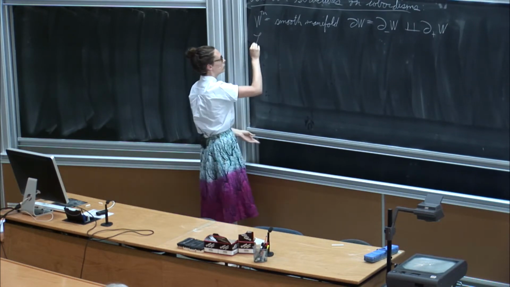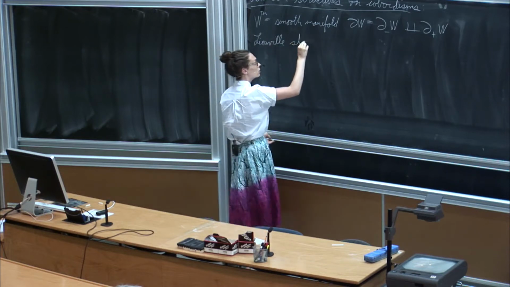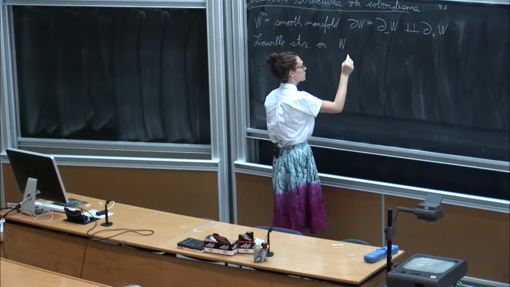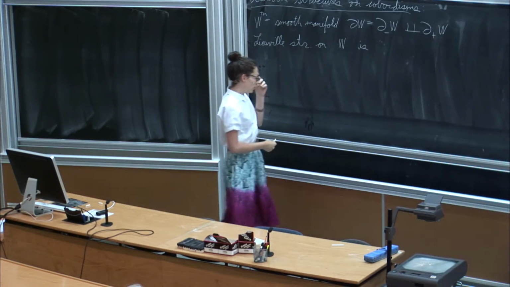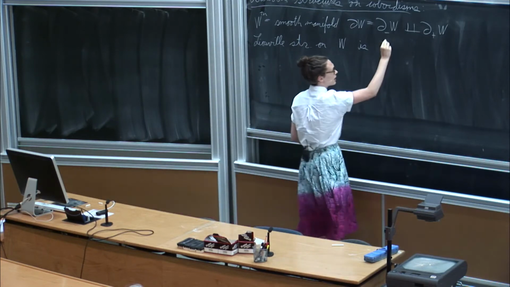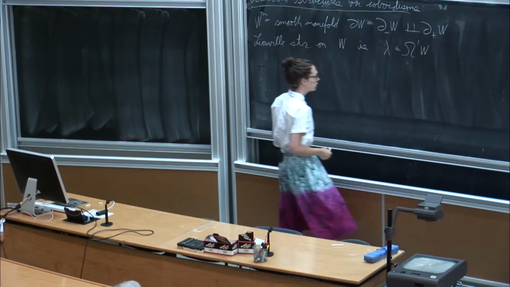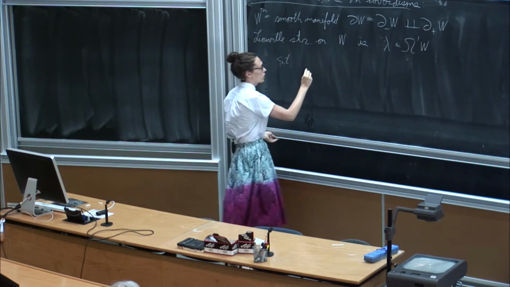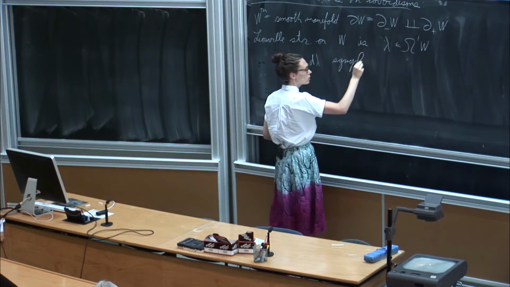So then a Liouville structure on W is an exact symplectic structure. So I'll think of the primitive as being given, so that I want d lambda to be symplectic.